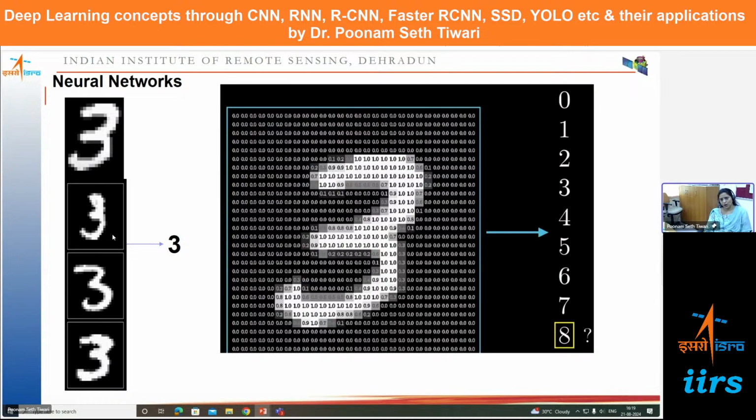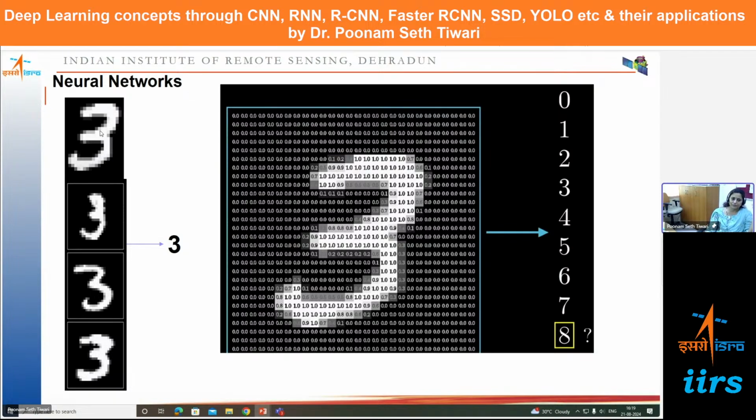Now, how does it work? I'll try to explain this problem with a very common example, and that common example is identifying handwritten numbers. Now, how many numbers can there be? There can be a total of nine numbers: 0, 1, 2, 3, 4, 5, 6, 7, and 8. All the other numbers will be a combination of these numbers only. Every person has a different handwriting.